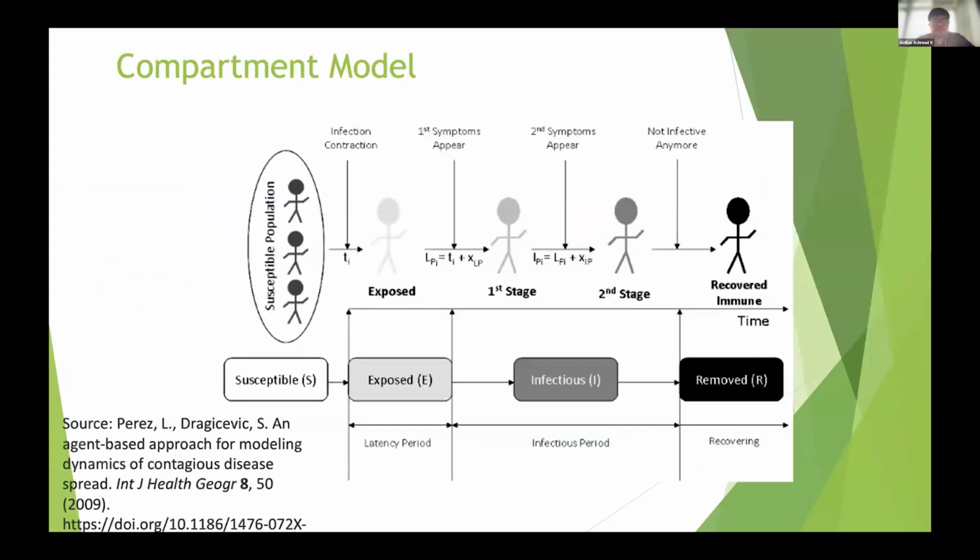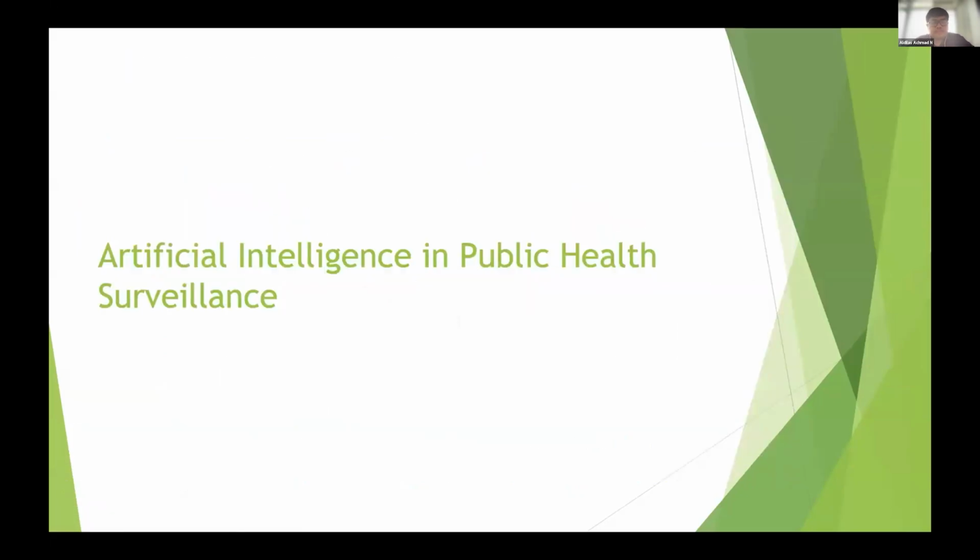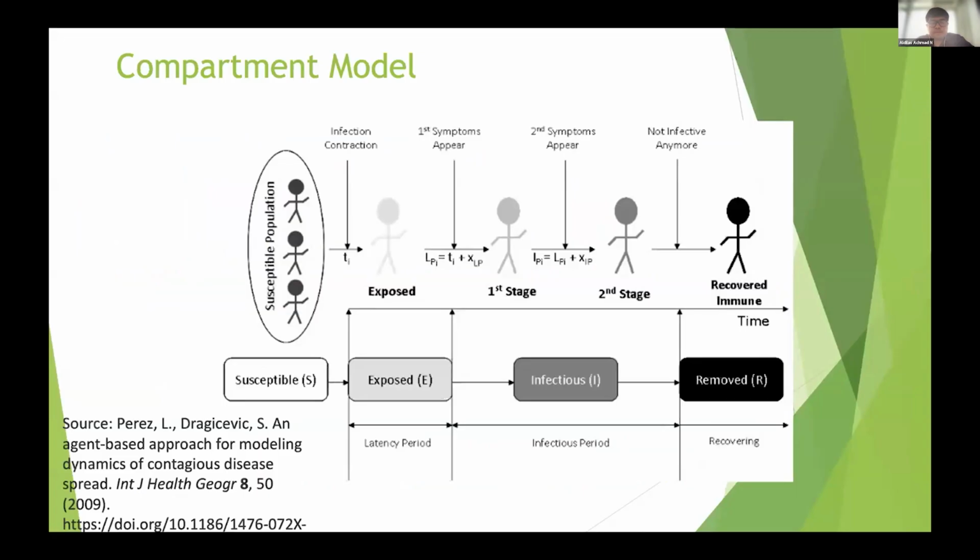Okay, so right now for AI in public health surveillance, this is the basis of infectious disease modeling. Usually we just use the compartment model. It doesn't need too much data, but we need assumptions about the pathogen and the risk of spread, so we can calculate the future.